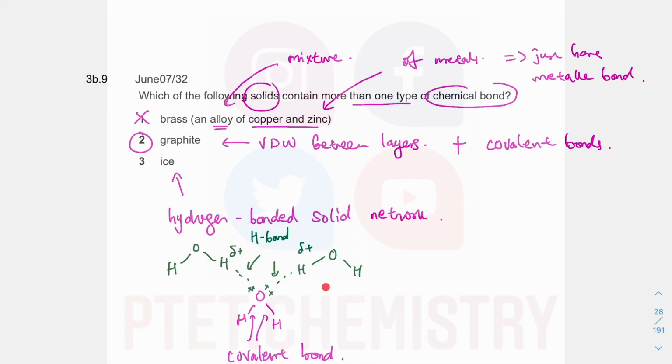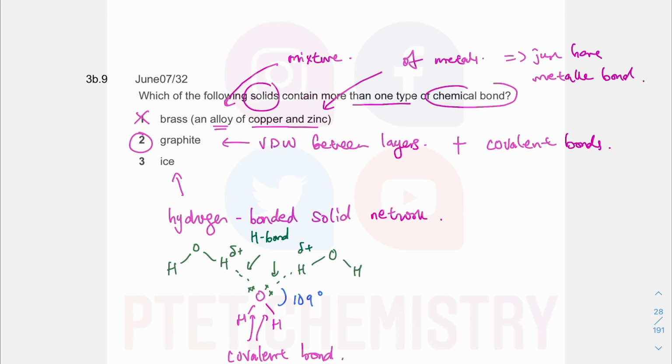When you are in liquid state, liquid water, they are not as regularly arranged as in the solid ice, where they have this hydrogen bonded solid network, where the bond angle is about 109 degrees, because they are so close to each other that they kind of mimic a real covalent bond. Imagine the lone pair is being tied up and used to form a strong hydrogen bond due to how close they pack.